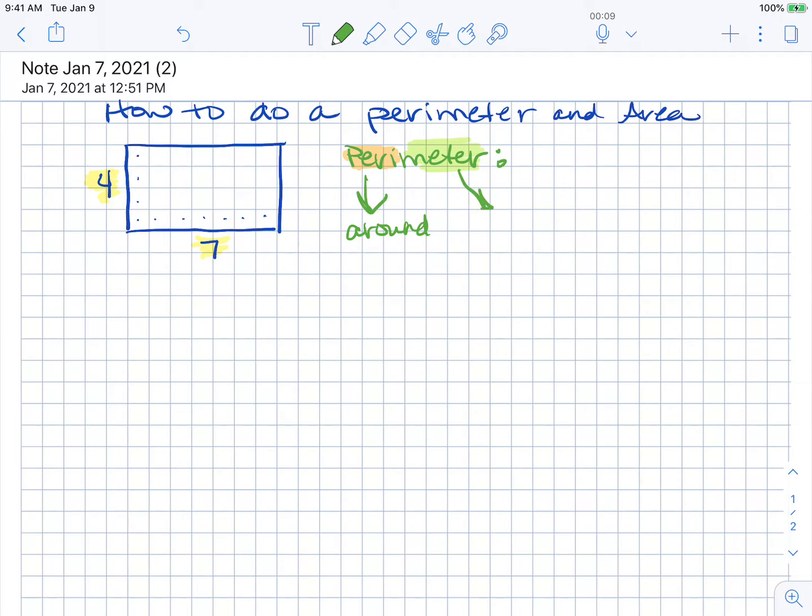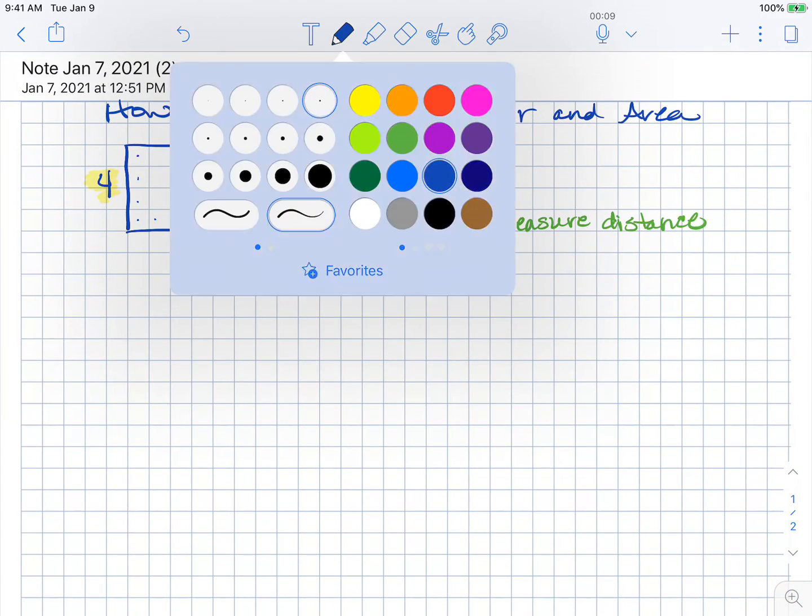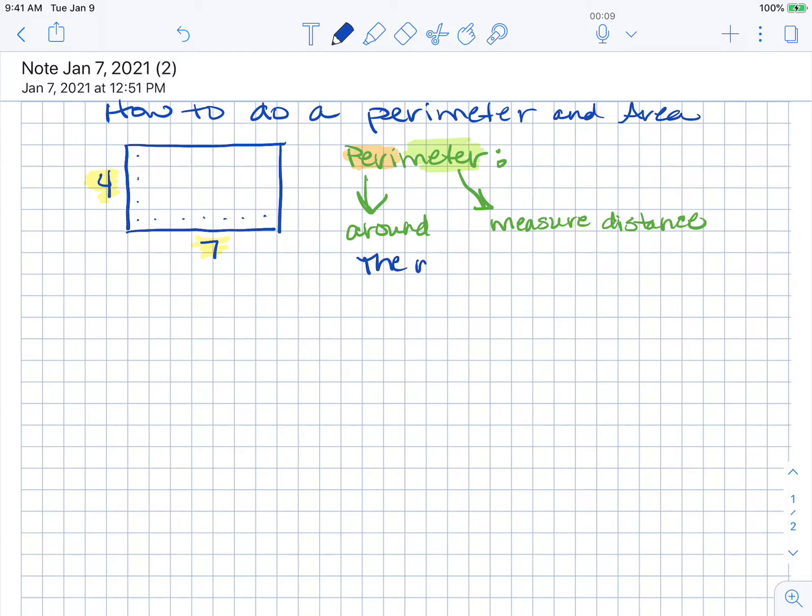So that is just a way to measure distance. And cleverly, perimeter means the measure, I'll write this in blue, the measure of the distance around.